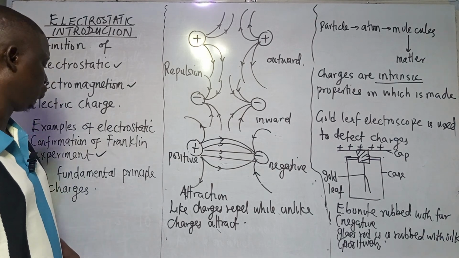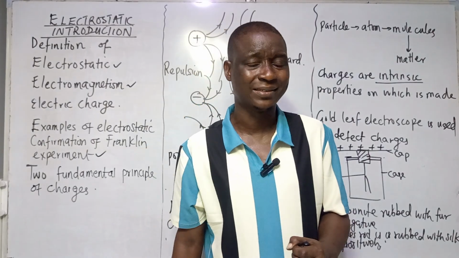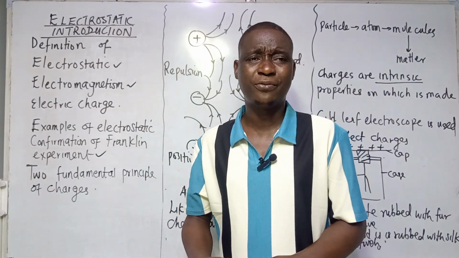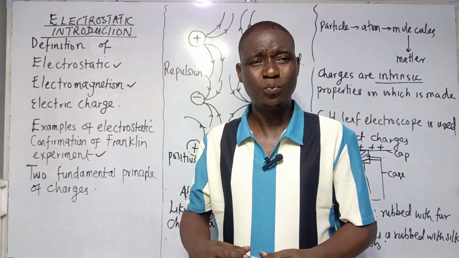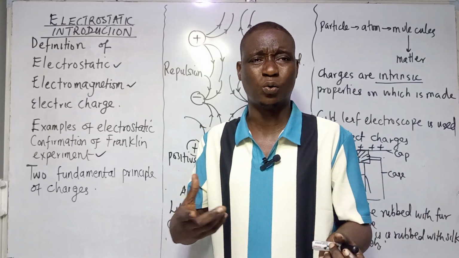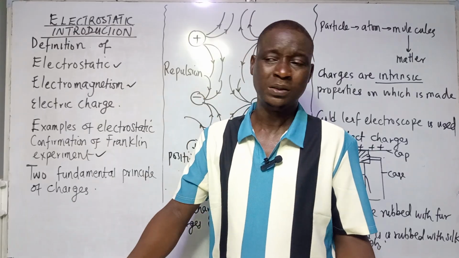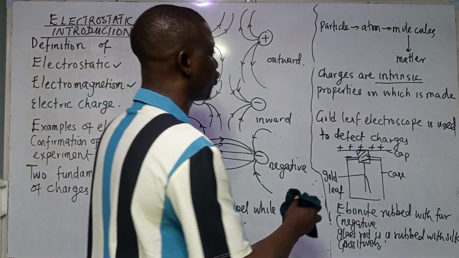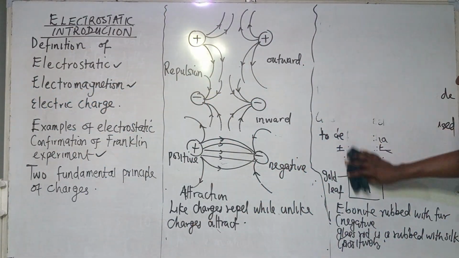Now there are some things we also need to know about charges. Don't forget that charges can be created. We can form a positive charge as a result of loss of electron, while a negative charge is as a result of gain of electron.